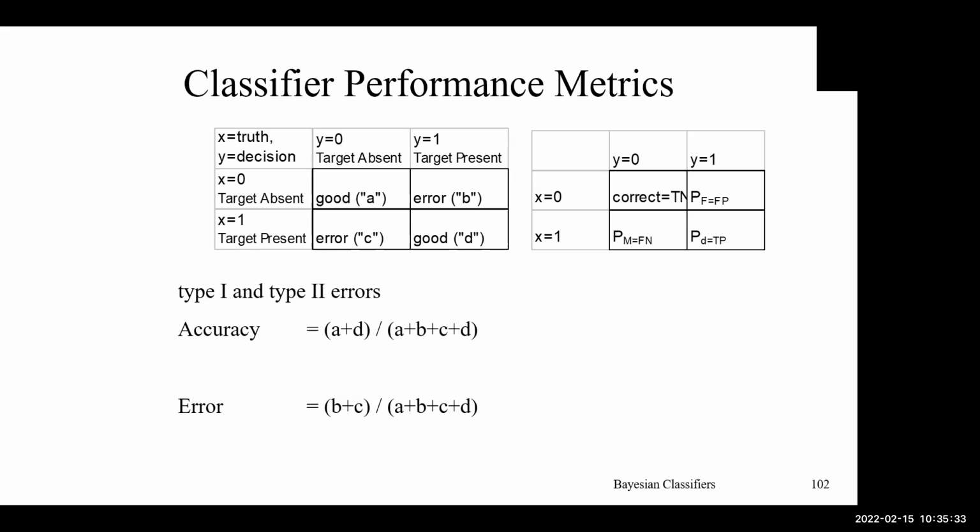And so we could take that confusion matrix and break it into a 2x2 confusion matrix. We're starting off with a target absent or a target present. And we detect the target as absent or the target as present. That the tumor is there, the tumor is not there. COVID is there, COVID's not there.